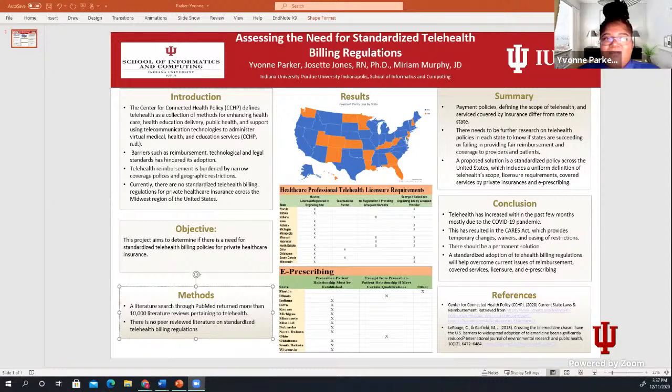I would propose, since most states have a parity, whether it's payment or coverage, that we need to have both payment and coverage to say exactly what you can be seen for and how much the provider is going to be reimbursed. And the scope goes a long way.